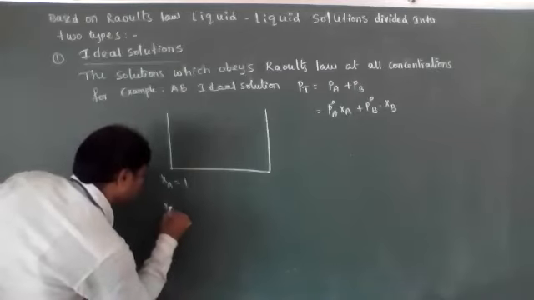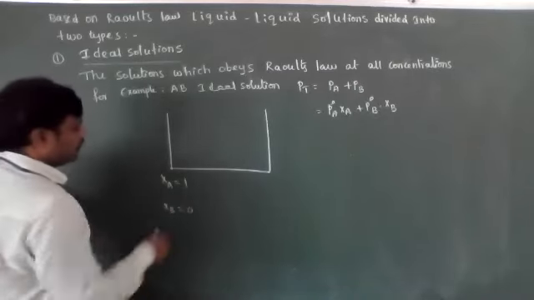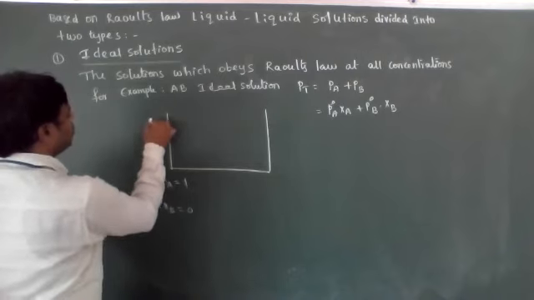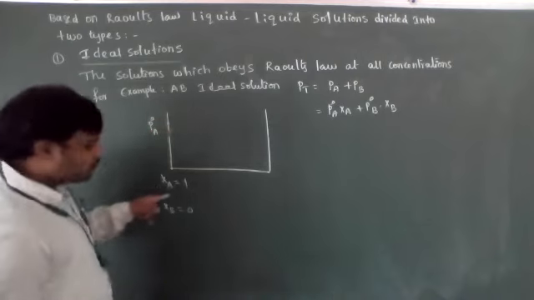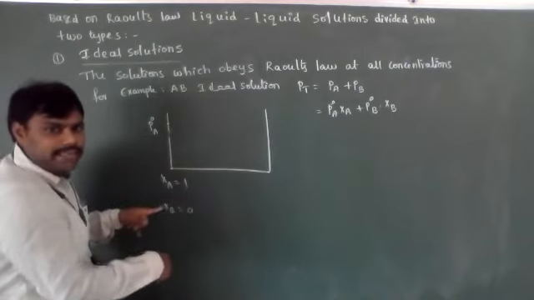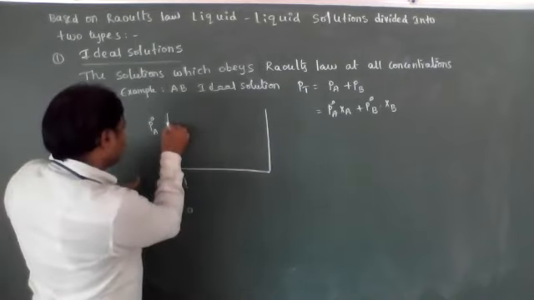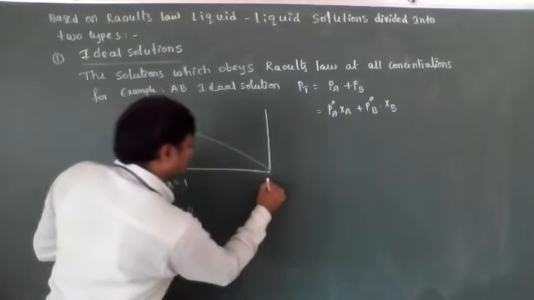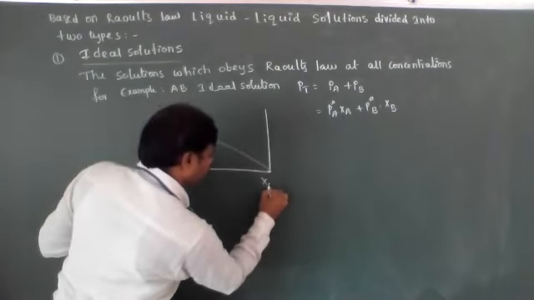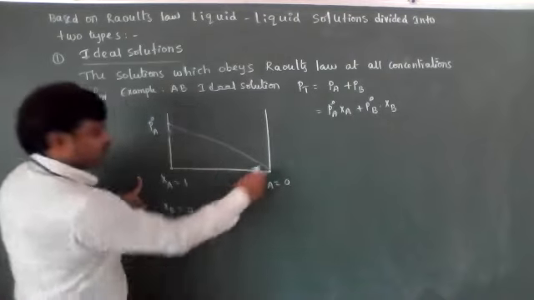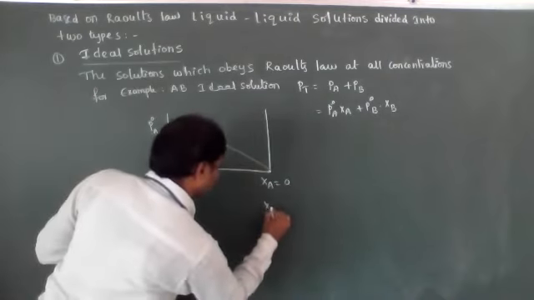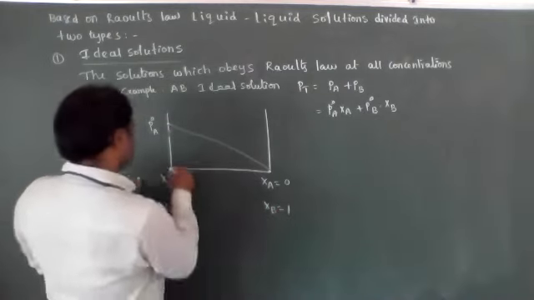Then the mole fraction of B is equal to 0, and the vapor pressure of A is very high, that is P naught A. After that, we add some amount of B to the solution, and gradually this value decreases until it reaches this point, where the mole fraction of A is equal to 0, so the vapor pressure of A becomes 0.